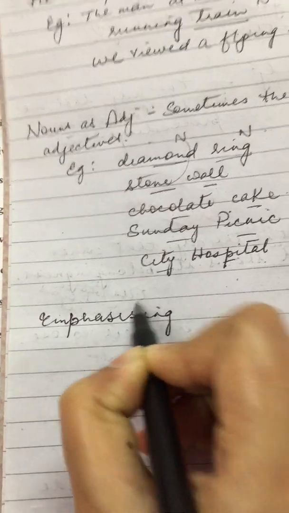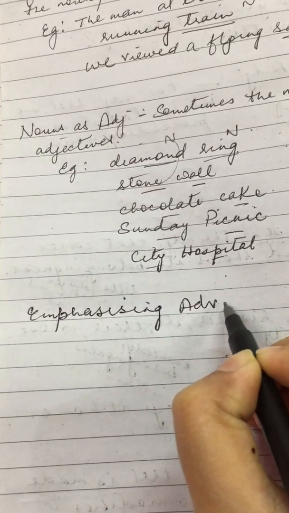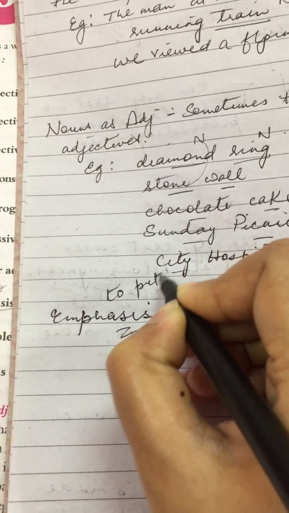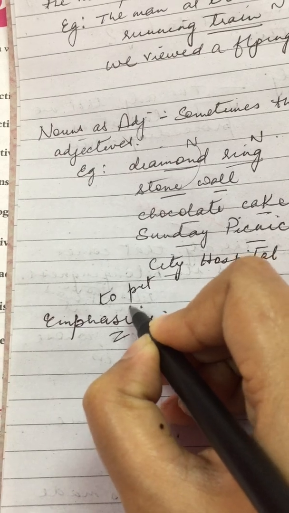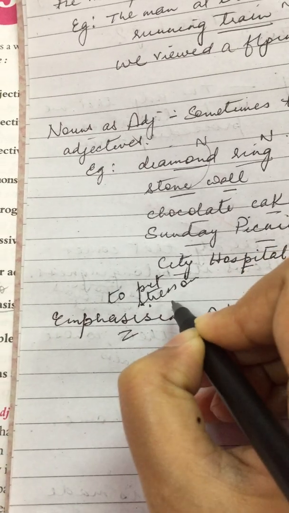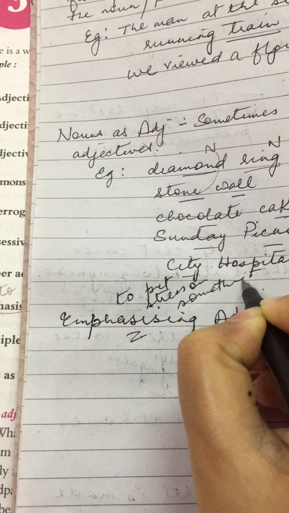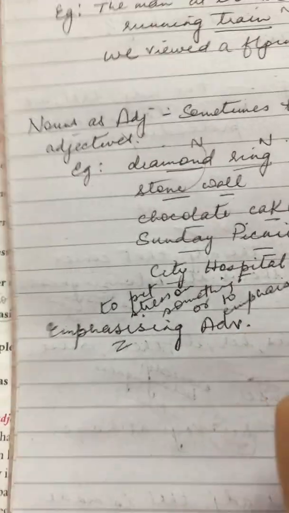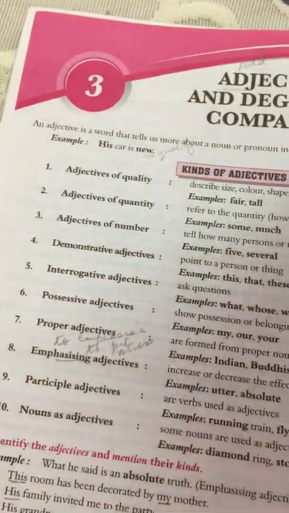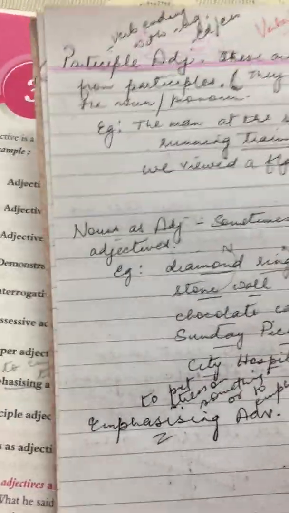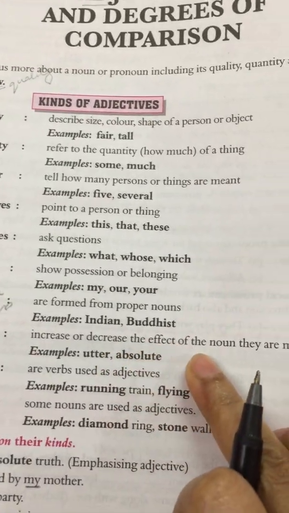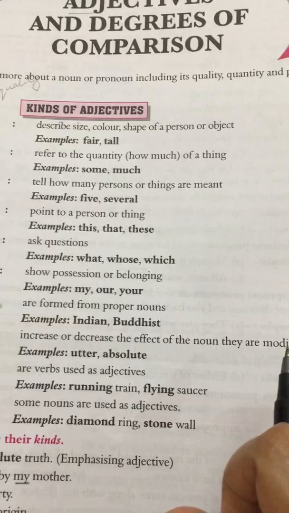The meaning of emphasizing is to put stress on something. Emphasizing adjectives increase or decrease the effect of the noun they are modifying. How do they increase and decrease?